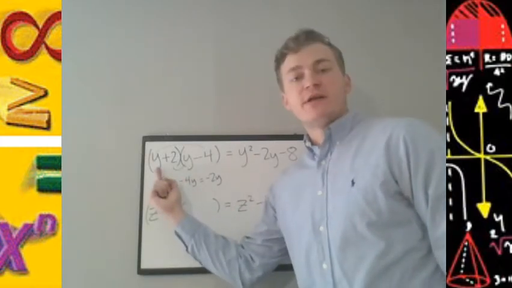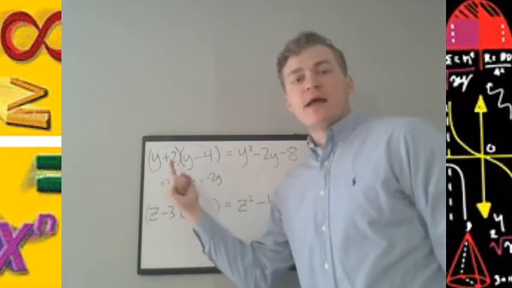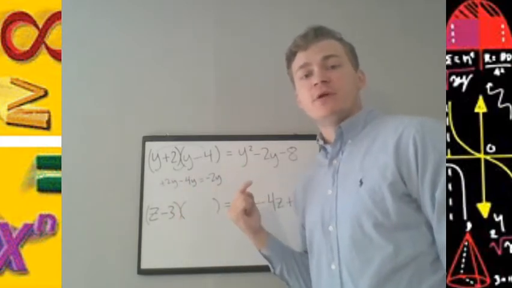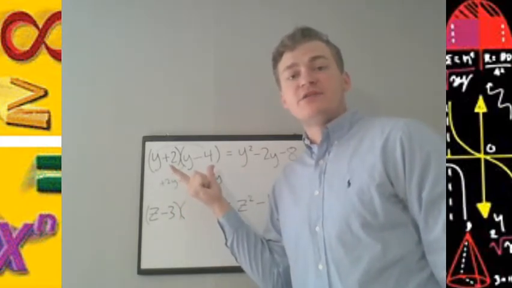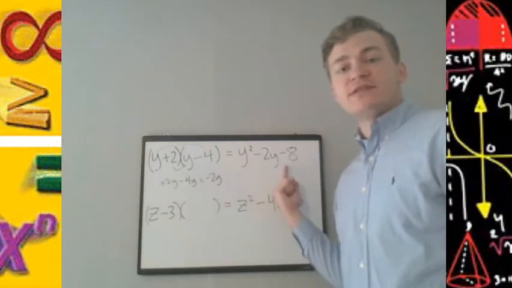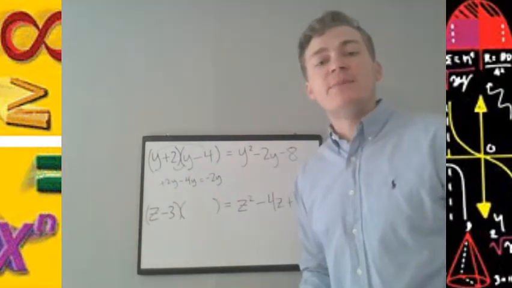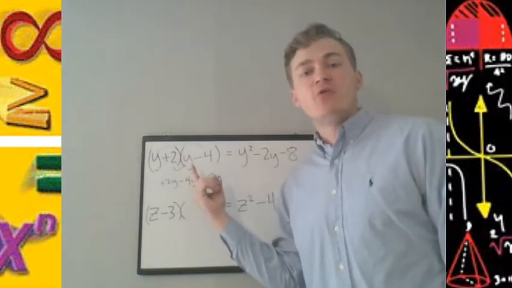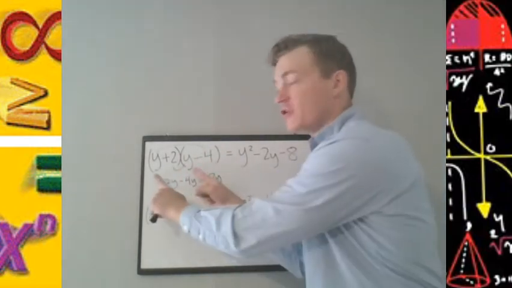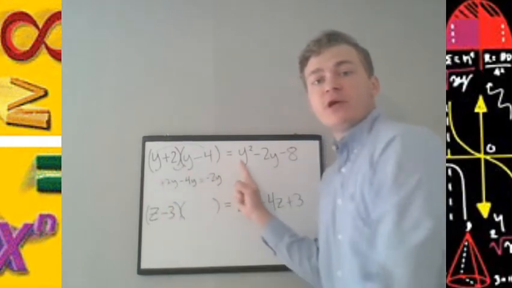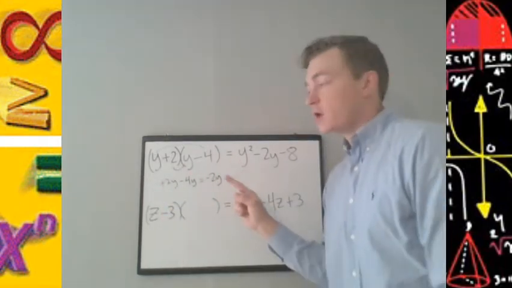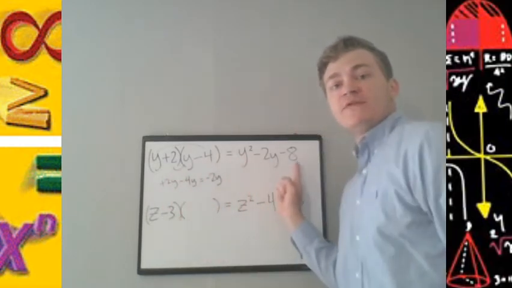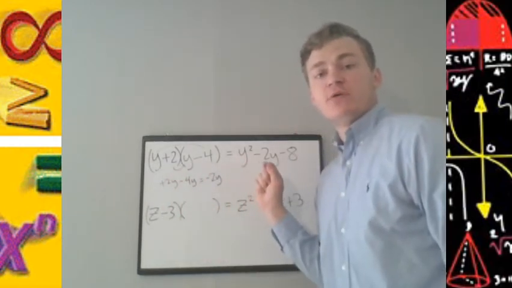So the first product here, y times y, is the y squared. Our inner product and outer product combine to give us the middle term. And then the product of our last two numbers gives us the last term. That's the pattern we want to keep in mind. When we FOIL or distribute these two binomials, the product of the first two terms will give us the first term of our trinomial. The product of our last two terms will give us the last term in our trinomial.